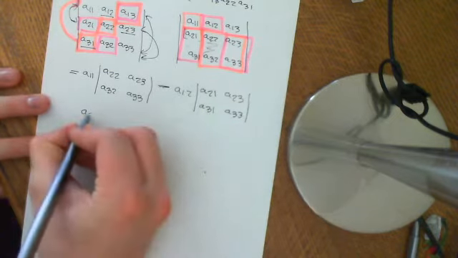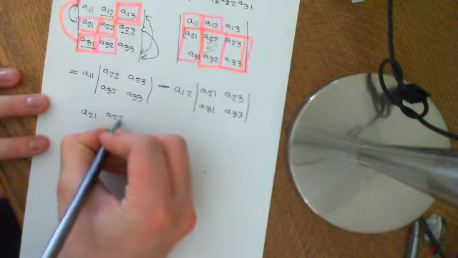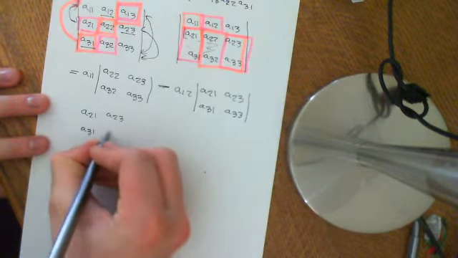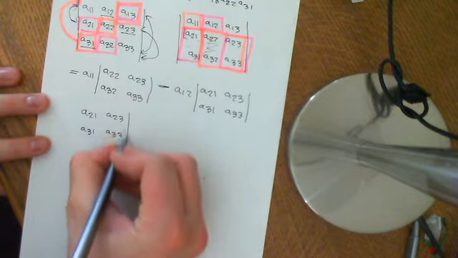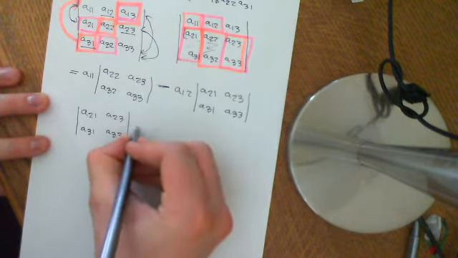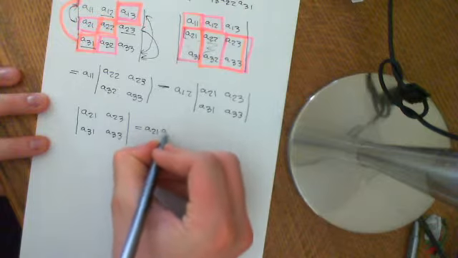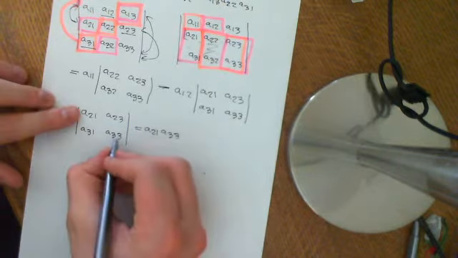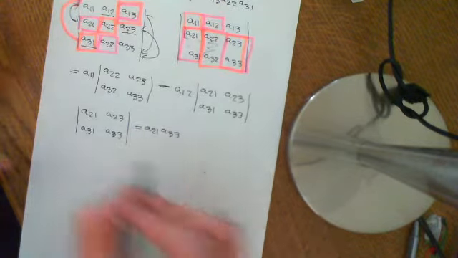Because let's have a look at this. A21, A23, A31, A33. When you take that determinant, you will get A21, A33, because that was in the correct order, even though it wasn't in the correct order as far as this matrix was concerned.